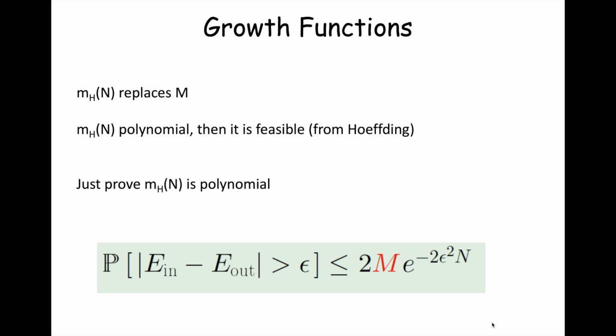Now, if we use our growth function as a replacement for m, where m before was the size of the hypothesis set, essentially what we're doing is we're replacing this m from the union bound with the growth function. And from the looks of the rest of the union-bound version of Hoeffding's inequality, corresponding to the multiple hypothesis case, where you have your learning algorithm searching through the space of hypotheses for the final best hypothesis, if we look at this exponential, we make an observation.